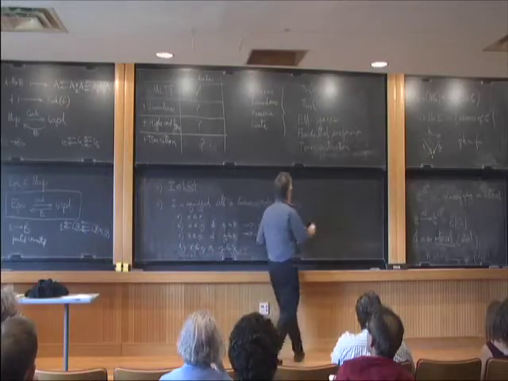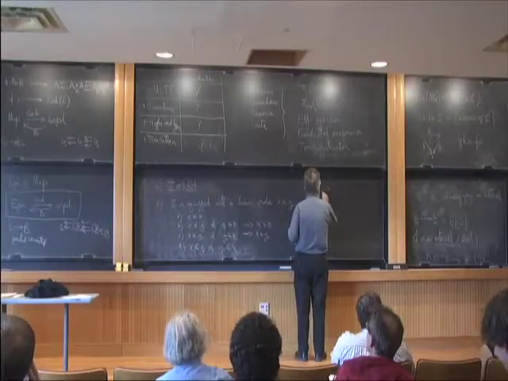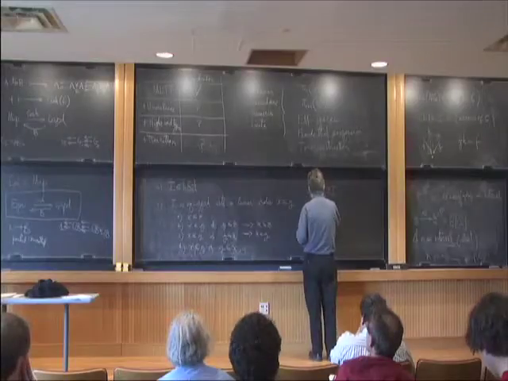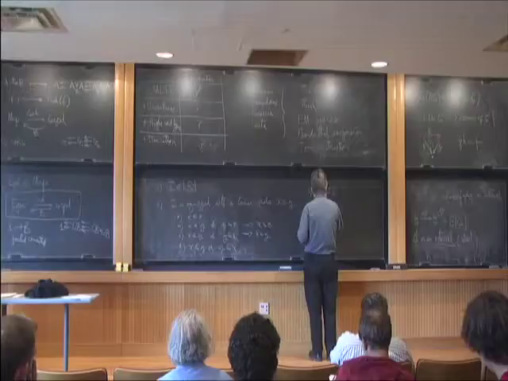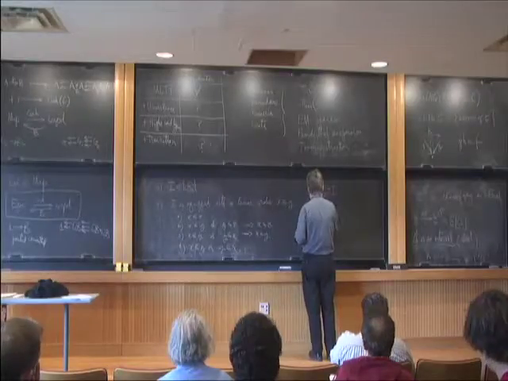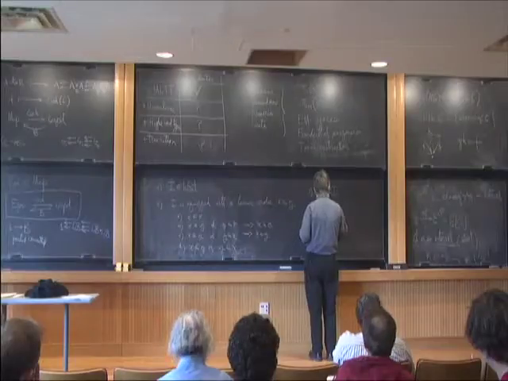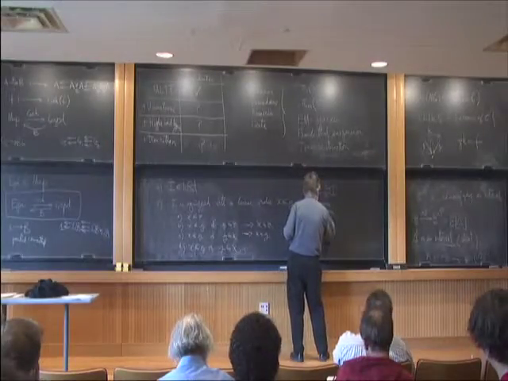And third, you have minima: 0 is a minimum and 1 a maximum. And fourth, 0 is different than 1.